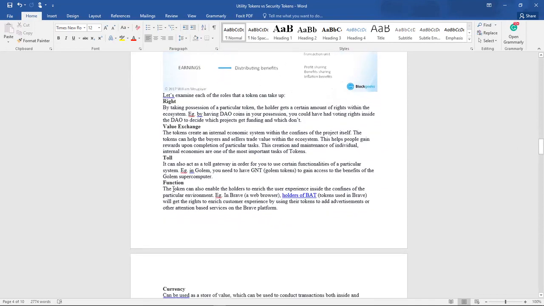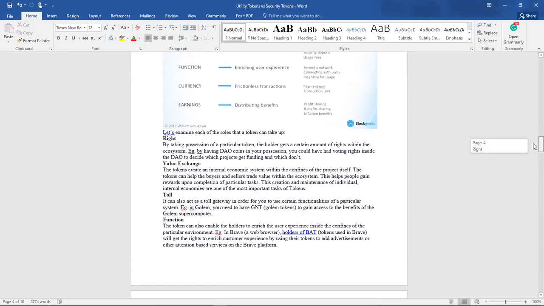Then we have the function of the coin or the token. The token can also enable the holders to enrich the user experience inside the confines of the particular environment or project. I've actually mentioned BAT, but I didn't know BAT was also part of function. Yeah.